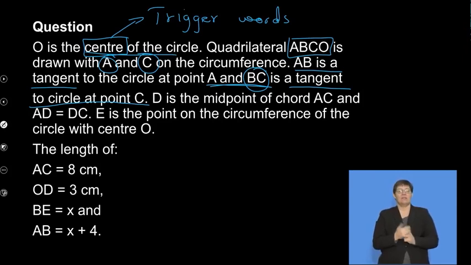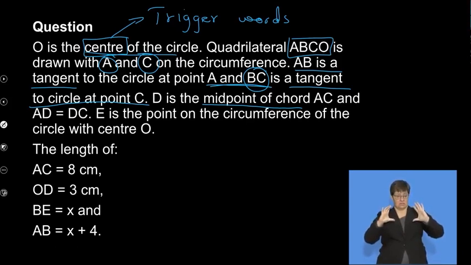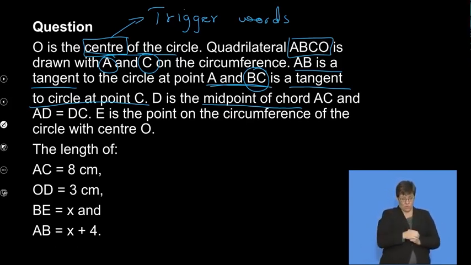Then the other thing they tell us is D is the midpoint of chord AC, and AD is equal to DC. The last thing they tell us is E is a point on the circumference of the circle with center O. So they are just telling us that E lies on the circumference. If we were to use E, we'll need to consider some things that have to do with it being on the circumference.